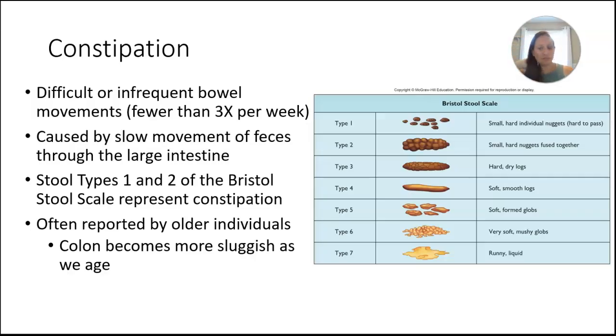If we look on the right here at the Bristol stool scale, types 1 and 2. So type 1, small, hard individual nuggets, hard to pass. Type 2, small, hard nuggets fused together. Again, hard to pass. These would represent constipation. Okay, often reported in older individuals because our colon, as we age, becomes more sluggish.